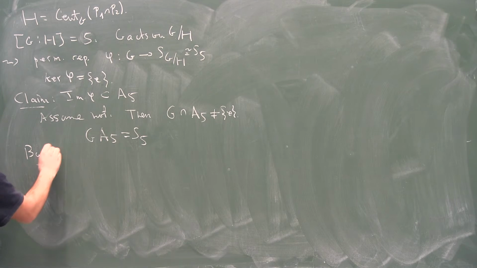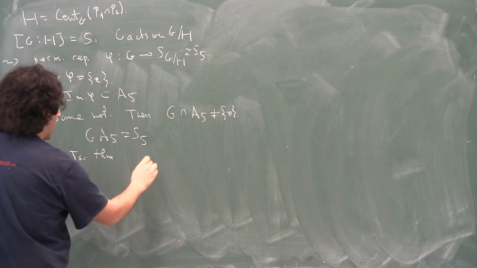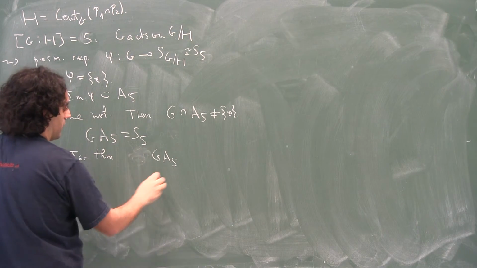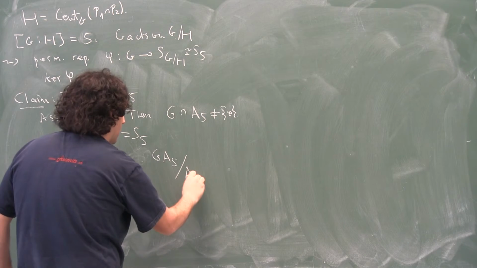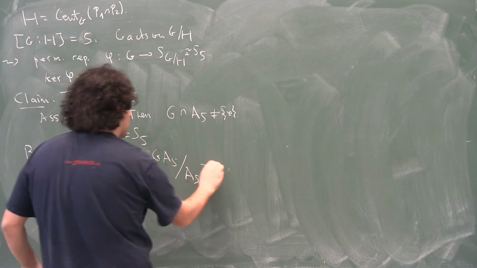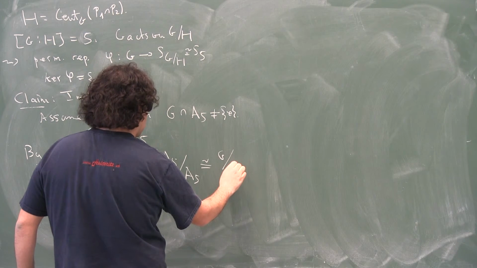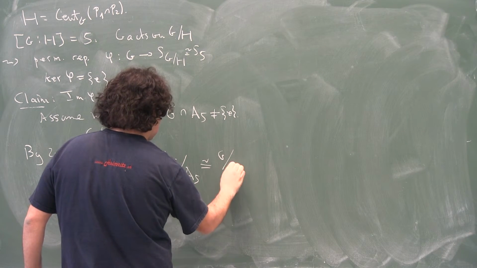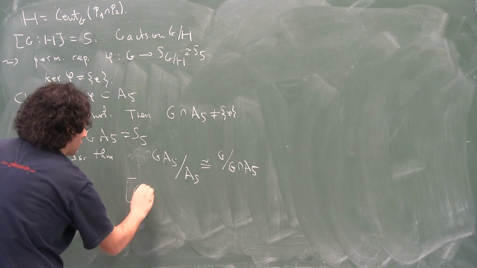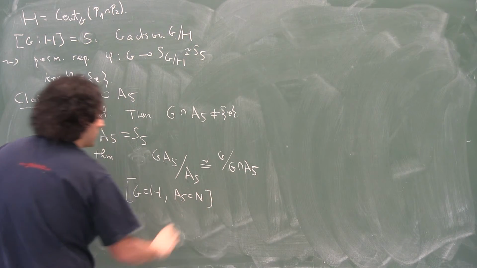And then by the second isomorphism theorem, we have that S5 mod A5 is GA5 mod A5, which is like H times N modulo N isomorphic to H modulo H intersect N. So this is like G equals H and A5 equals N in the second isomorphism theorem.